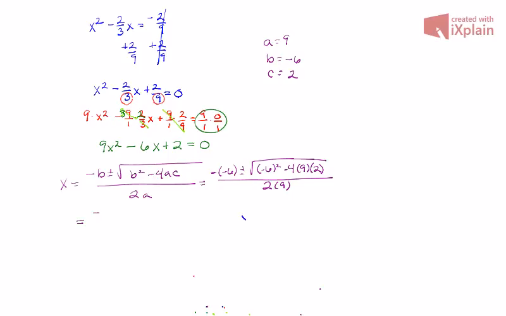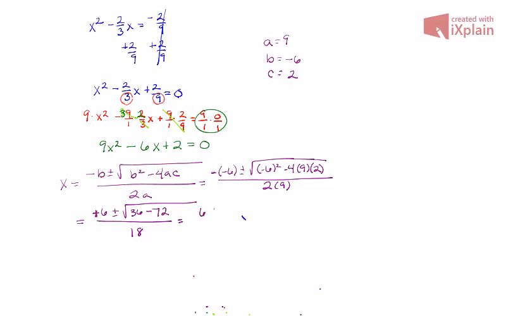We have a negative 6, so that becomes positive 6, plus or minus the square root of 36 minus 4 times 9 times 2, which will give us 72, all over 18.